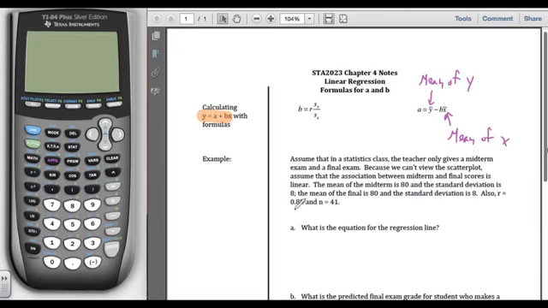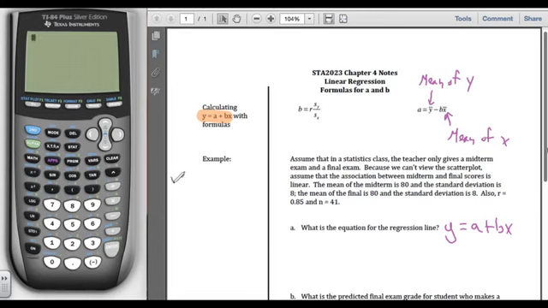R for this situation is 0.85 and N, our sample size, is 41. I want to know, what is the equation for the regression line? What is this y equals A plus bx? Well, I can't do what I've traditionally done because I don't have all 41 midterm scores and I don't have all 41 final exam scores. However, I can go back and use these formulas.